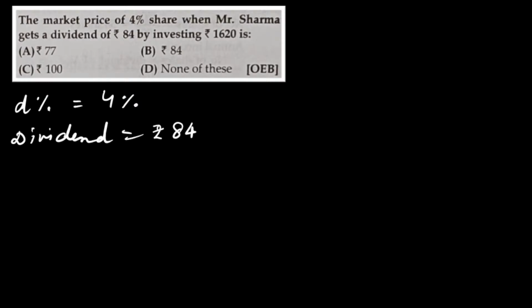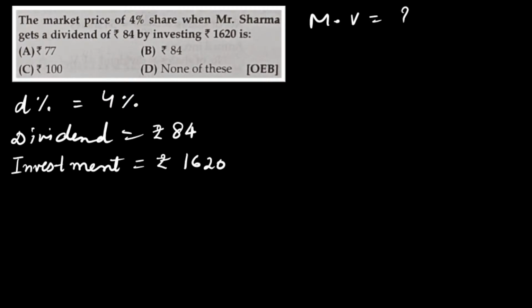Dividend means annual dividend or annual income. By investing means investment is also given to us. So investment is 1620. So we have to find the market price, MV.